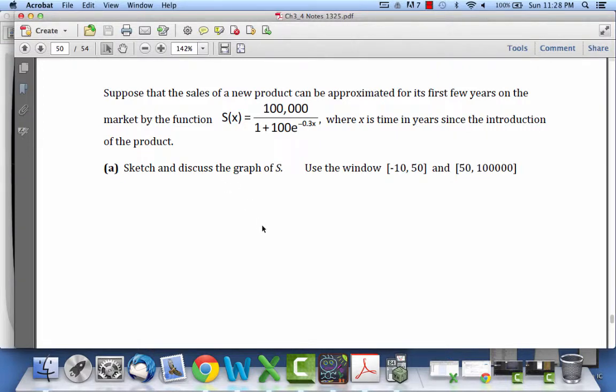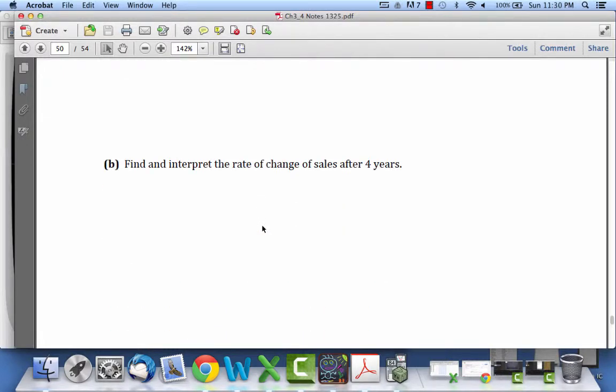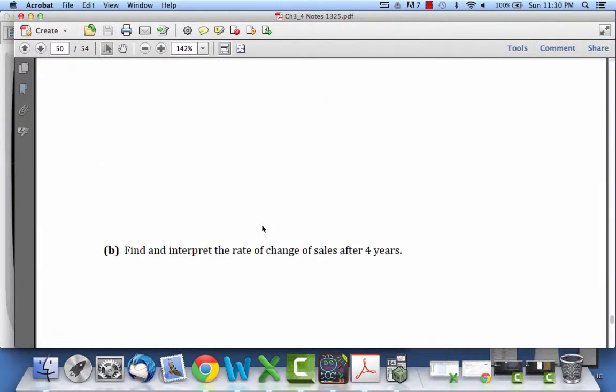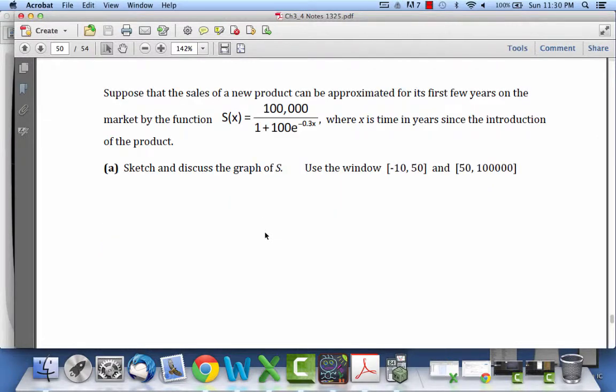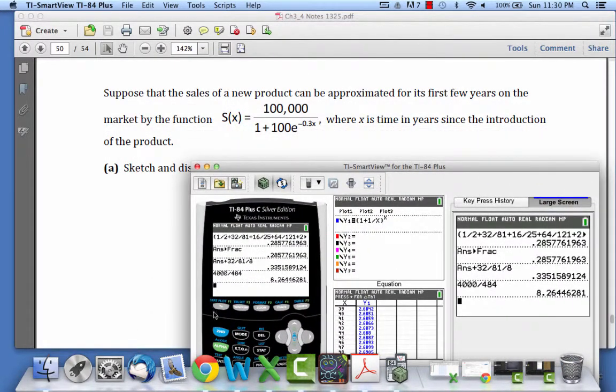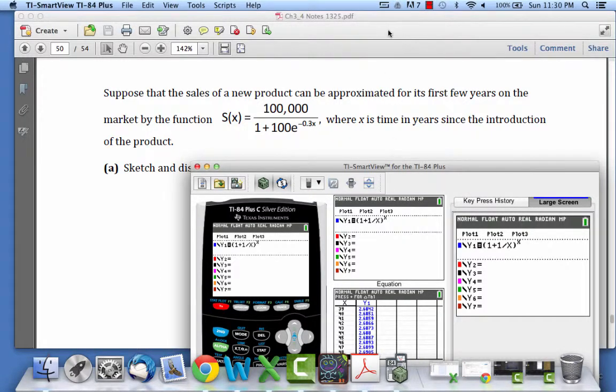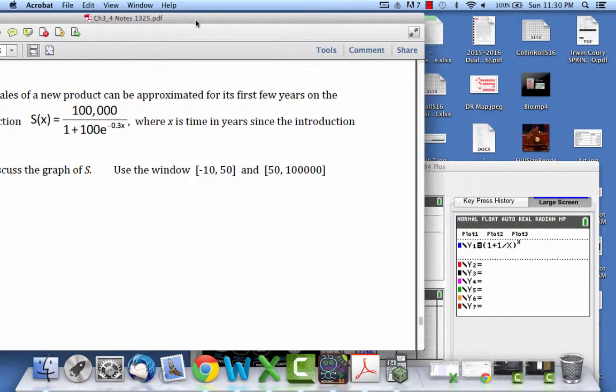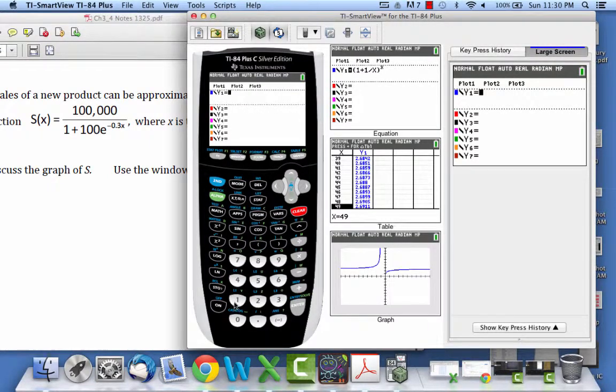Okay, so the first thing that I'll do, I guess, is to put this into the calculator. So, well, 100,000 divided by.